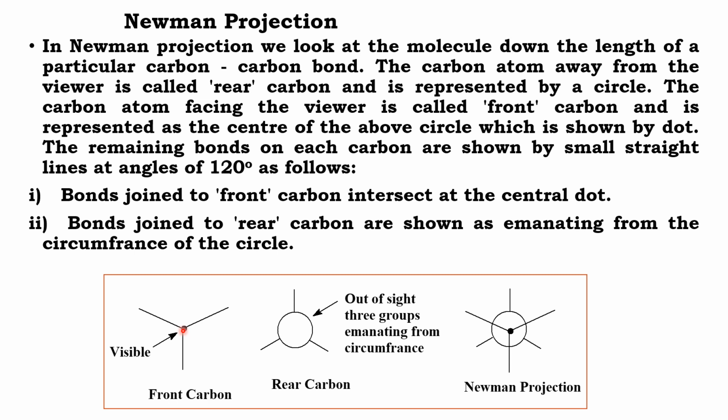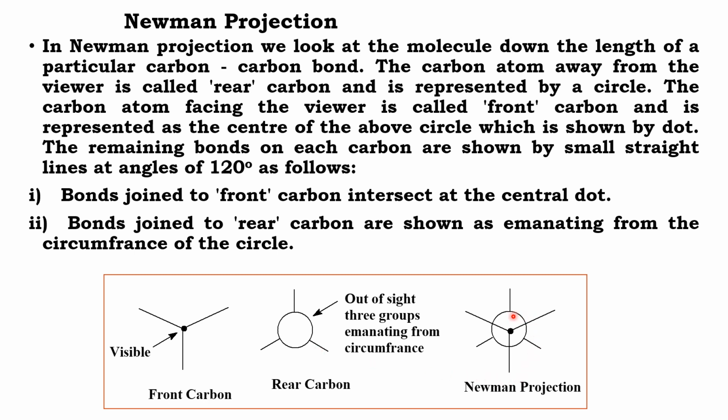Then the fourth bond is the bond to the second carbon atom. So the rear carbon atom is represented by a circle, and the lines projecting from the rear carbon atom, that is the circle, show the position of the bonds or substituents or groups.